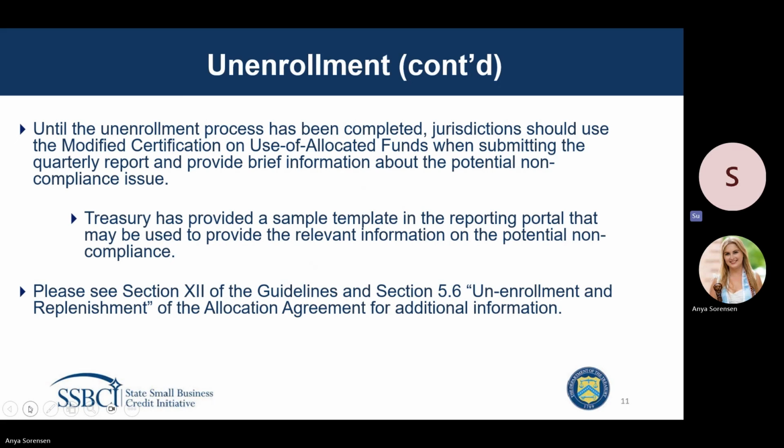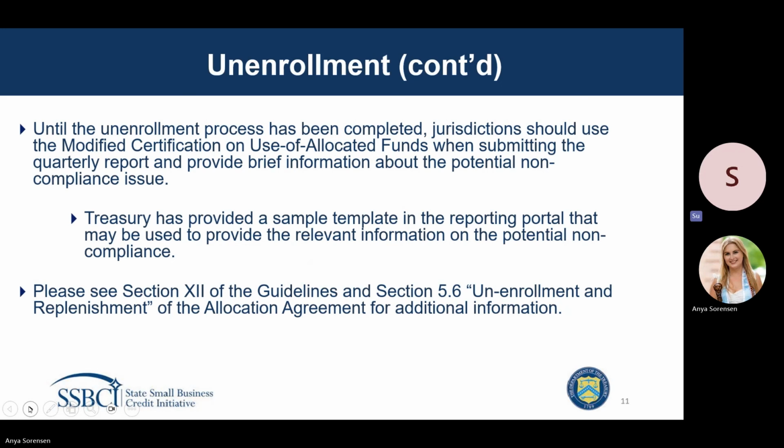Treasury has provided a sample template in the reporting portal that may be used to provide the relevant information on the non-compliant transaction. Jurisdictions should reach out to your outreach manager to discuss any potential non-compliant transactions. Please note that Treasury's approval on unenrollment and replenishment does not preclude the OIG from conducting its own review.